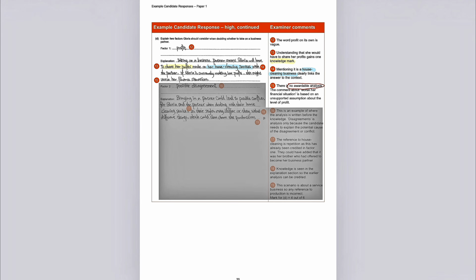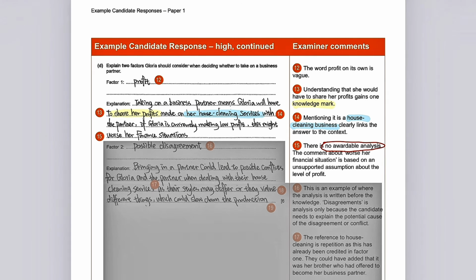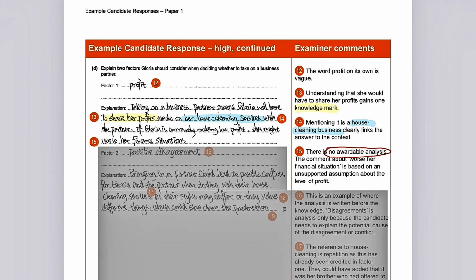For those of you who are doubting this strategy, even Cambridge's own example candidate response proves that it works. Specifically for question D, the first knowledge mark was awarded when they said to share profits. And then the application mark was awarded when they wrote her house cleaning services.